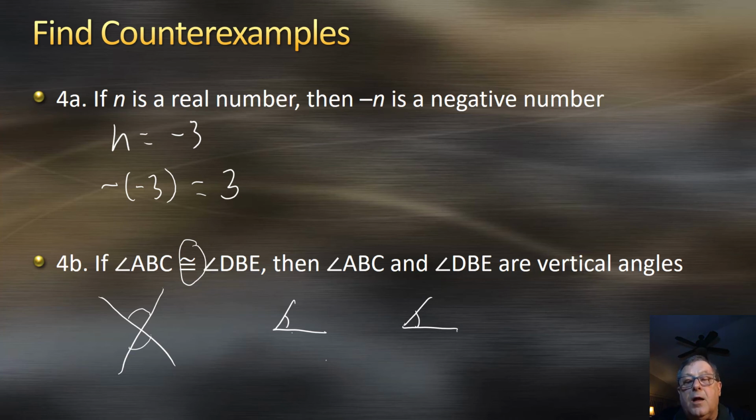Those are not two lines intersecting with each other. So therefore, we got a counterexample to this conjecture about angle ABC and angle DBE. Because they are congruent, that they must be vertical angles. That does not necessarily have to be true, and therefore that conjecture is rendered false.